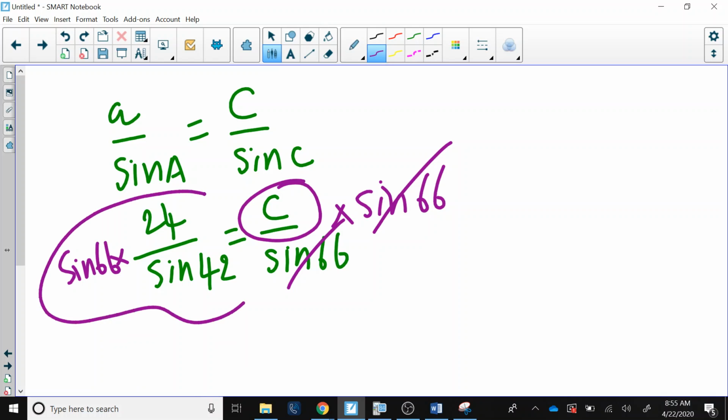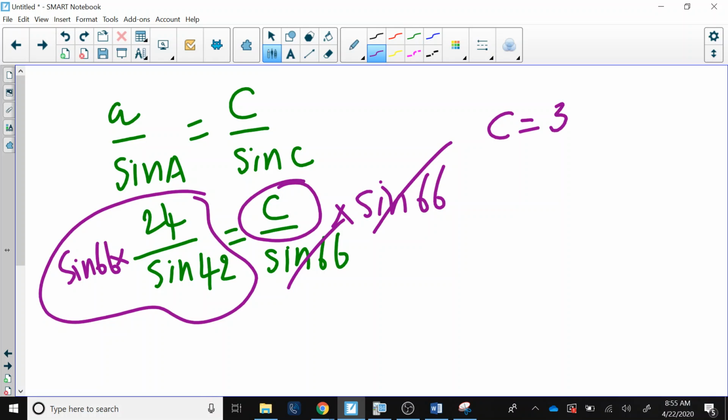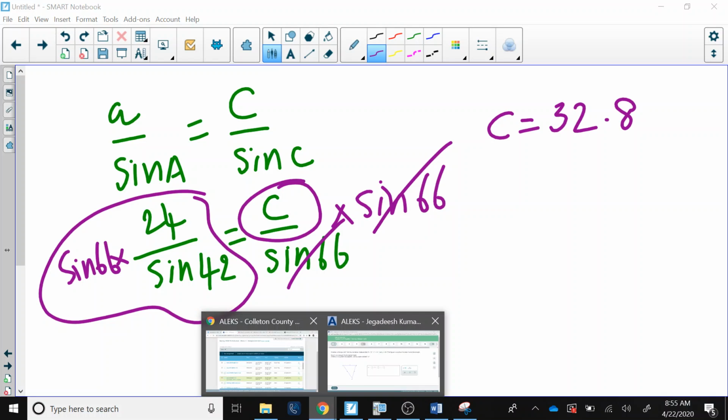Put this into the calculator: sine 66, close it, times 24, divided by sine 42. It's 32.76, so I would write 32.8.